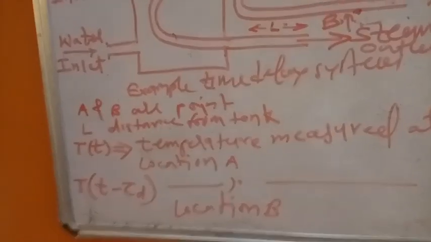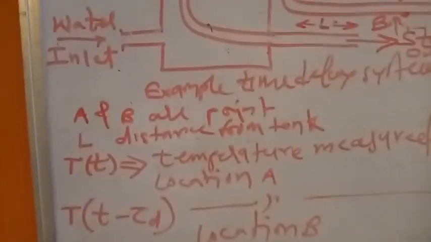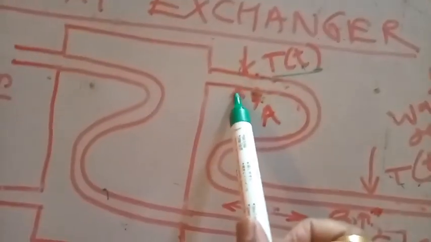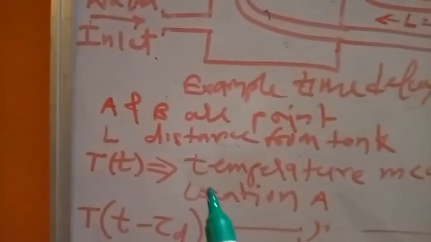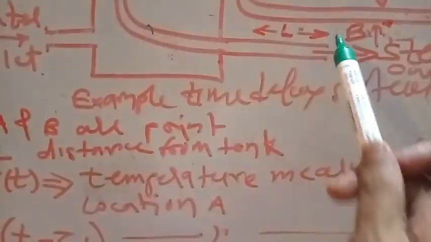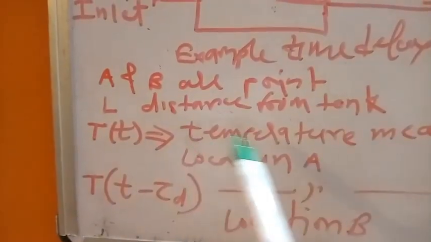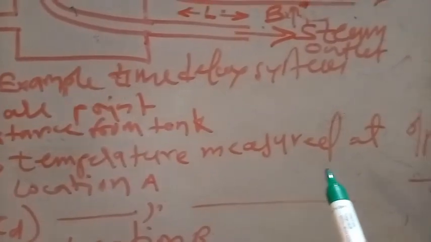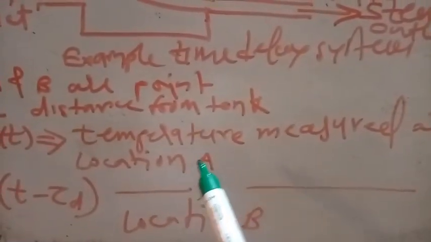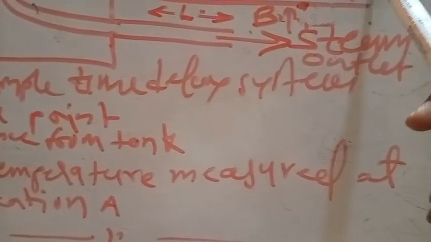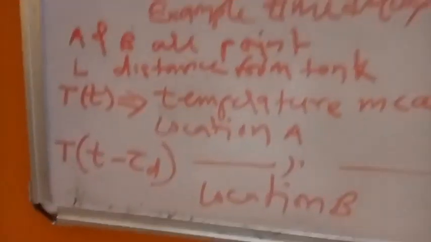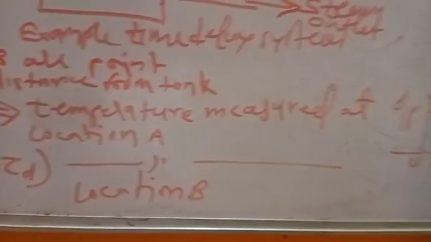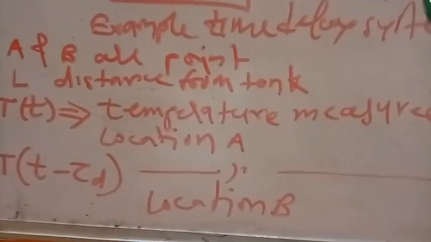These are the three parameters. Here A and B are the points, and L is the distance from the tank. T(t) is the temperature measured at location A, and T(t minus tau) is the temperature measured at location B.